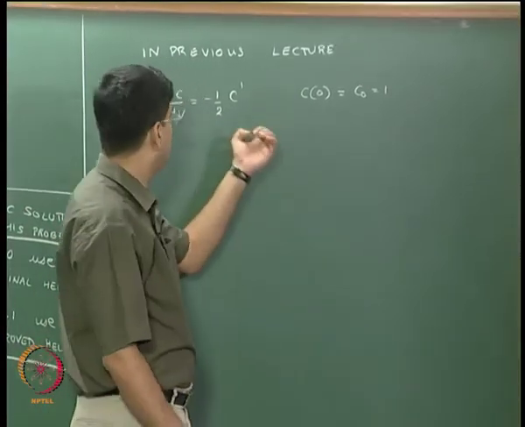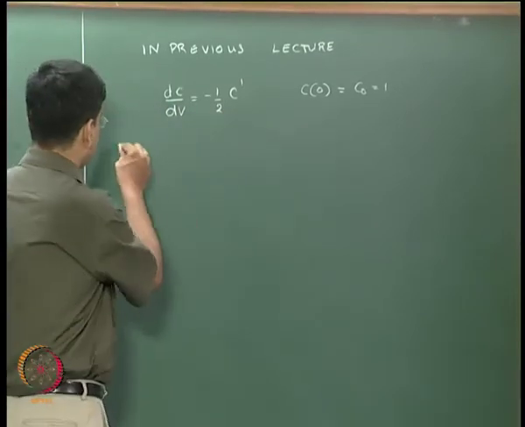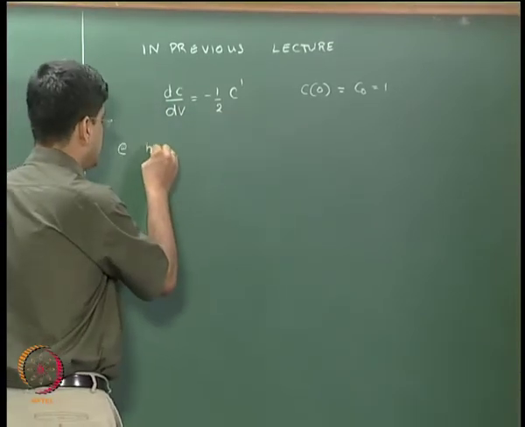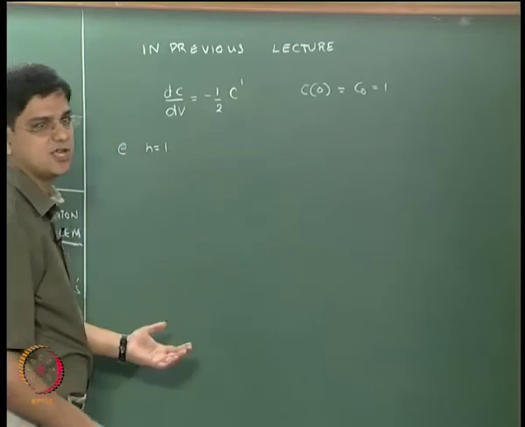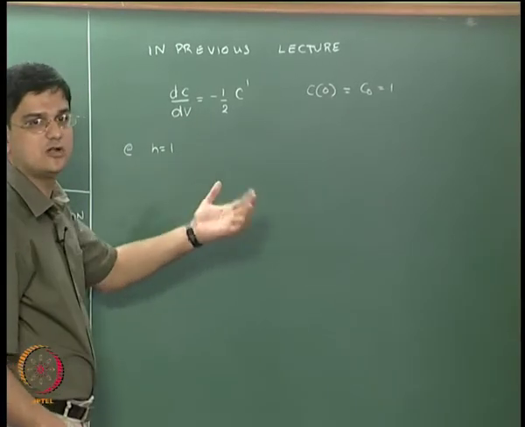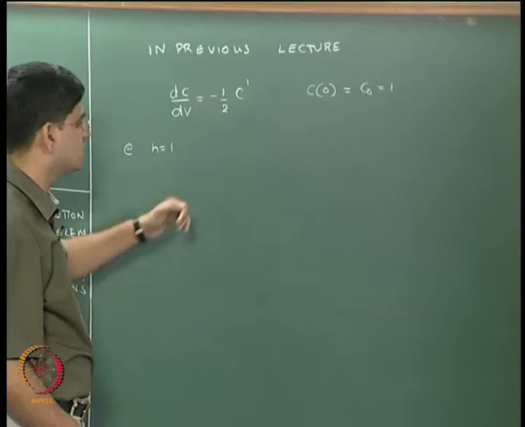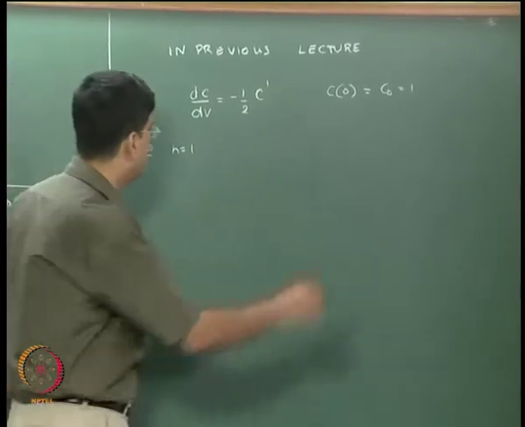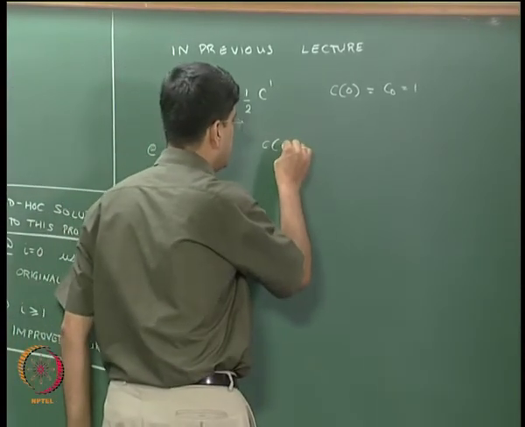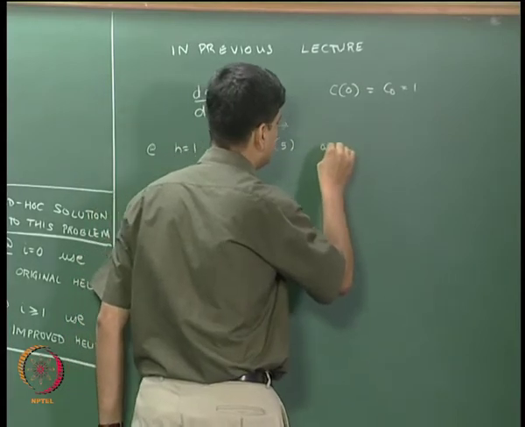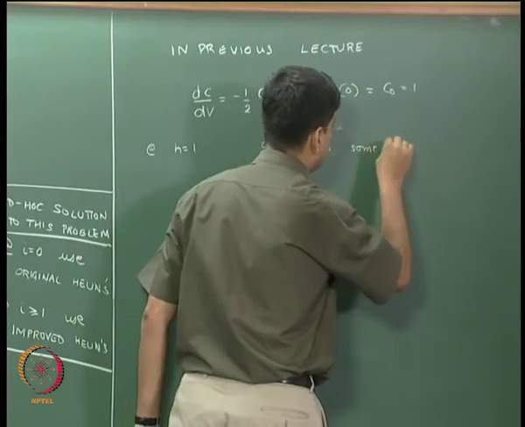We solved this particular problem at h equal to 1, and we got a stable solution. The solution was not very accurate using Euler's method, but at least it was stable. We got concentration C at 5 as some finite value.